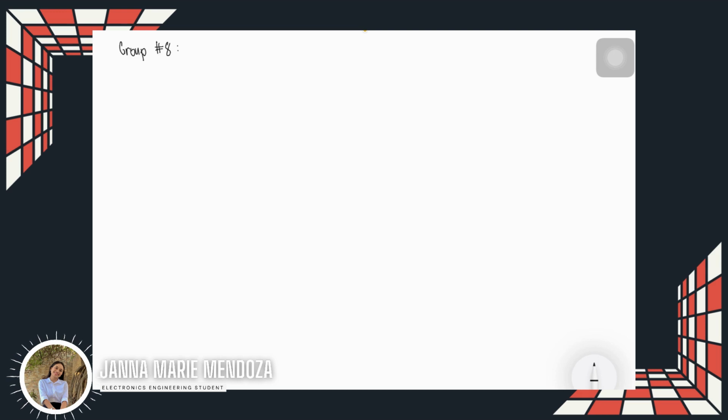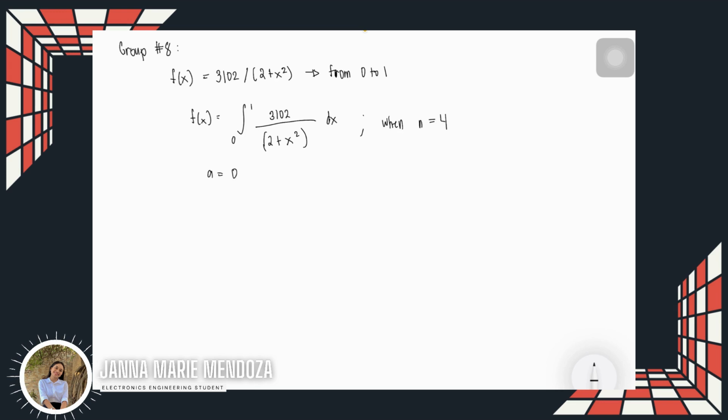So the given equation is finding the area of the function f of x equals 3102 over 2 plus x squared from 0 to 1. Then, we will rewrite it as the integration of 3102 over 2 plus x squared dx with a lower limit of 0 and an upper limit of 1.